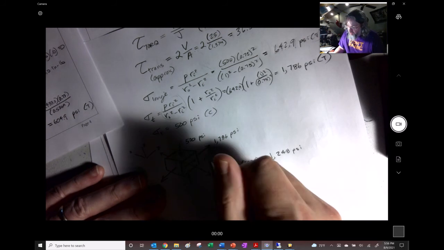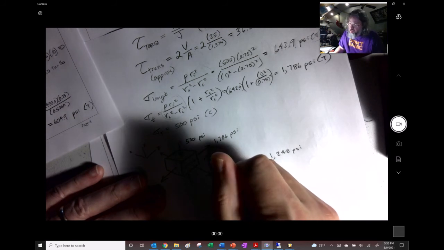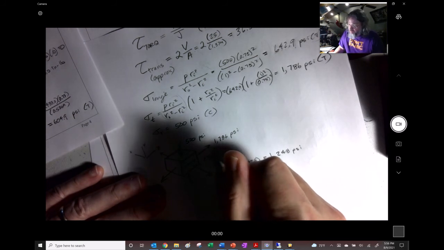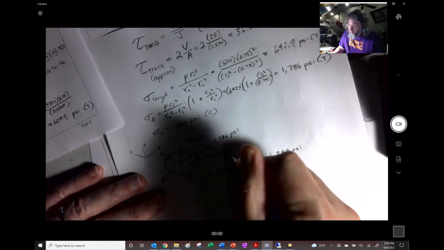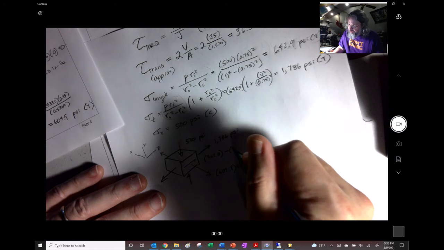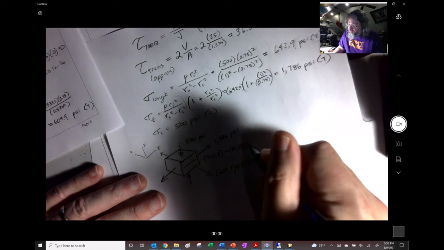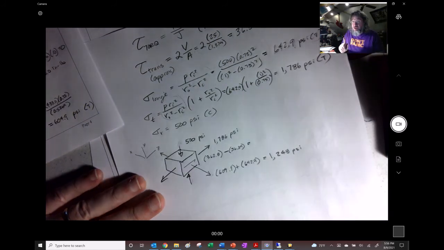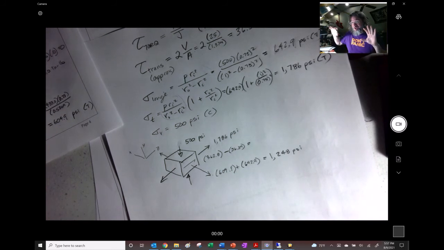So this one is going to be the torsional shear, 362.8, minus the transverse, which was 36.39. We have to remember that's an approximation because we're looking at a point on the inside surface, whereas the transverse is really giving us what's on the outside surface.